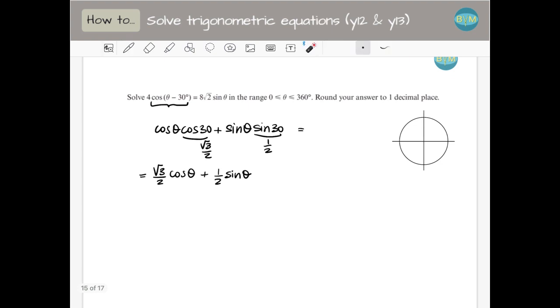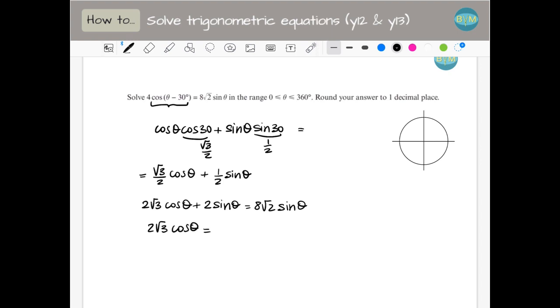So I have 4 multiplying this thing, and I'm going to divide by 2. So I have 2 root 3 cos theta plus 2 sine theta equals 8 root 2 sine theta. I'm going to put the sines together, and I have 2 root 3 cos theta is 8 root 2 minus 2, I cannot do more than that, sine theta.